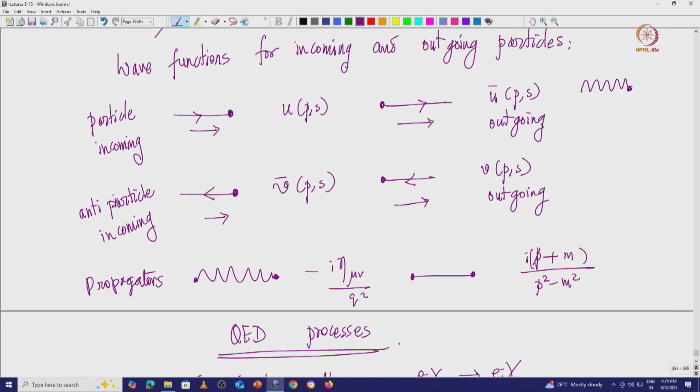The photon wave function is nothing but the polarization vector, for the external incoming photon. If it is outgoing, it will be epsilon bar. Or minus p, or whatever it is.